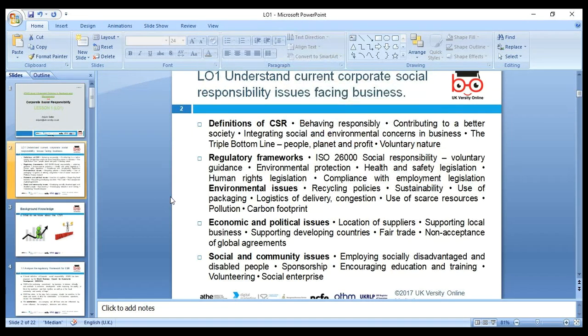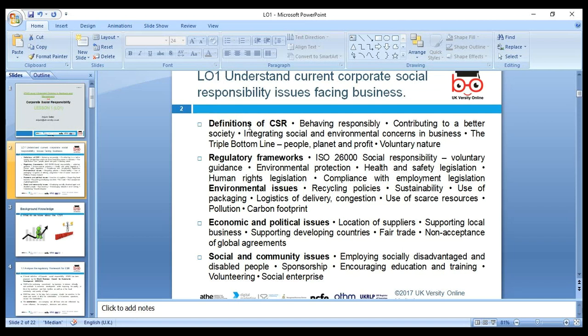So LO1, as we mentioned, is the definition of CSR. What is meant by CSR? CSR is called corporate social responsibility. It is all about behaving responsibly and contributing to a better society.